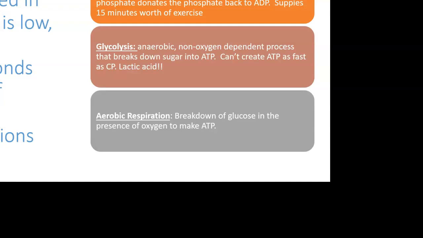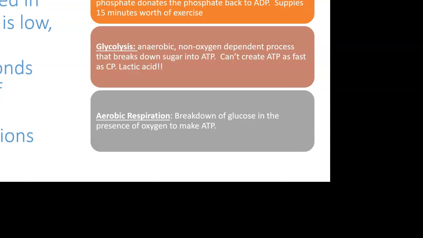The sugar that's used in glycolysis can be provided by blood glucose or by breaking down glycogen that is stored in the muscle. The breakdown of one glucose molecule produces 2 ATP and 2 molecules of something called pyruvic acid.